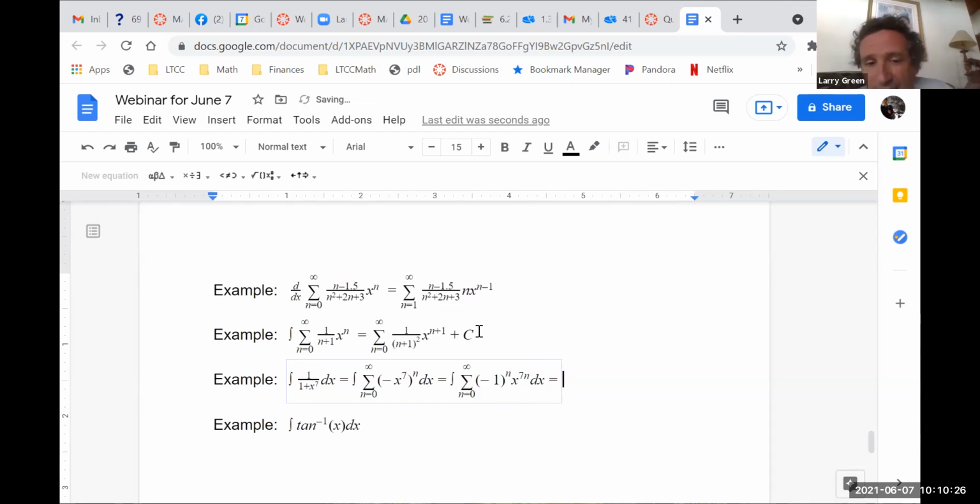And the whole idea is I can take that integral and put it through and integrate. And that gives me summation n equals 0 to infinity of negative 1 to the n, and now we get an x to the 7n plus 1 over n plus 1. And then plus c.